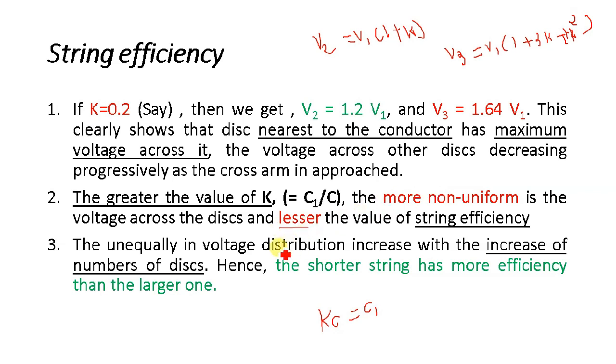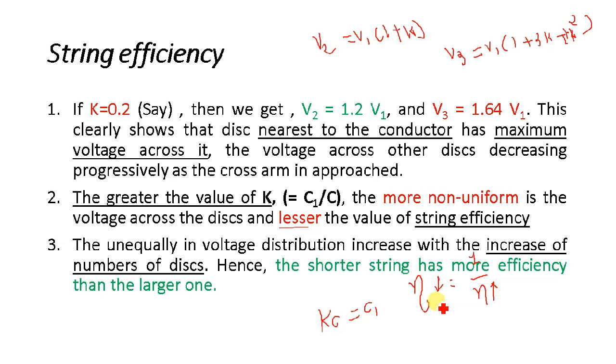The unequal voltage distribution increases with the increase in the number of disks, and hence a shorter string has more efficiency than a longer one. So when n, the number of disks, increases, your string efficiency will decrease, because the number of disks and the efficiency are inversely proportional to each other.